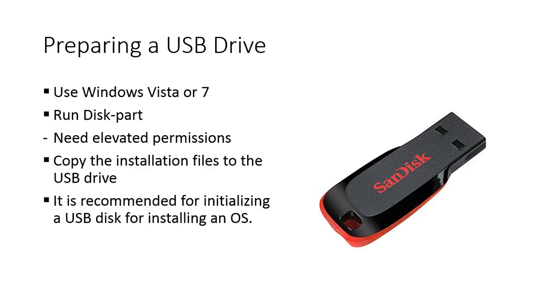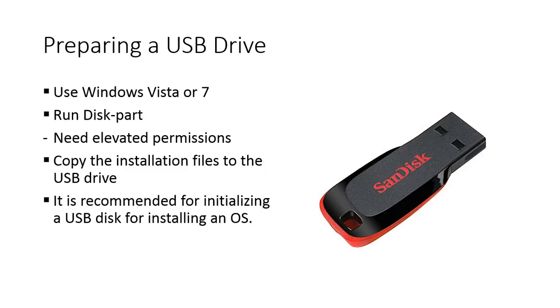For a USB drive, you need to initialize this drive, a USB disk, for installing an operating system. What that means is that your USB should be bootable by the operating system. You can do this by going to the Start menu and typing command prompt in the search bar.